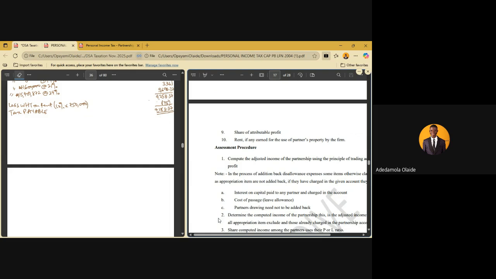After getting adjusted profit, we add balancing charge, we less balancing allowance, we less capital allowance, and we get what should be our distributable income. That distributable income is what we now share to the partners in the partnership business according to their profit sharing ratio.